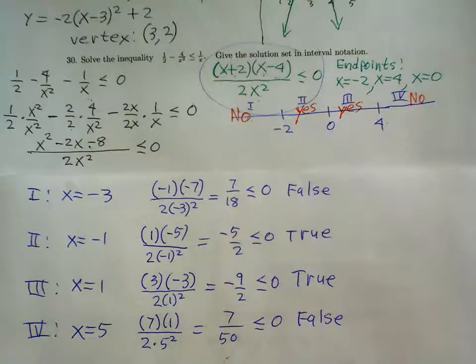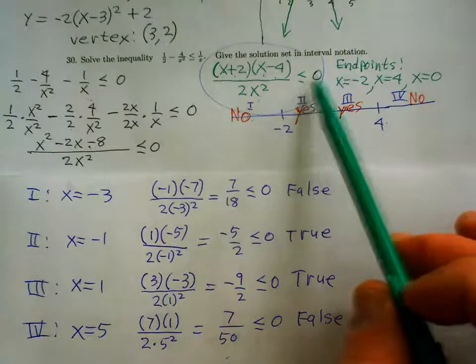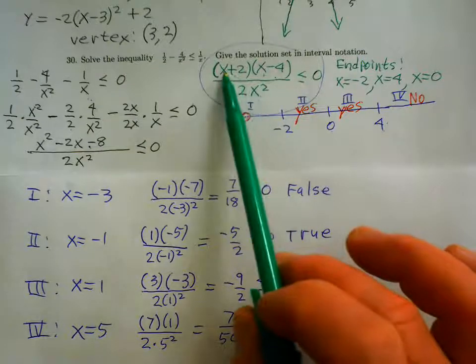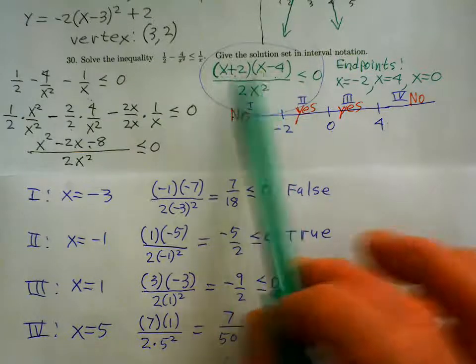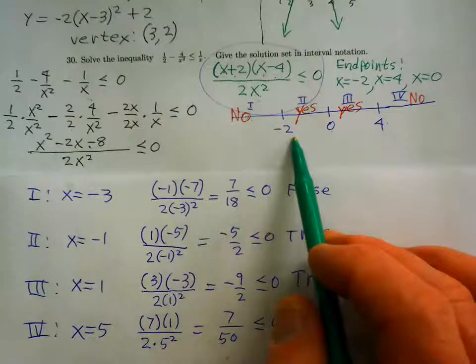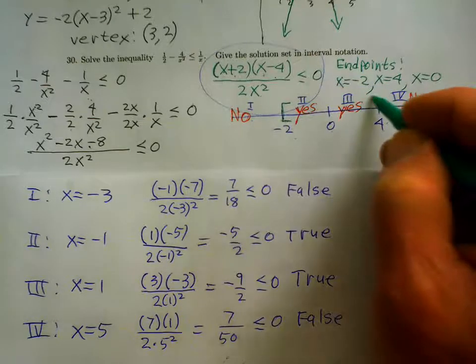Okay, what about the endpoints? Well, the inequality is less than or equal. So the endpoints that come from the numerator are included. So those endpoints from the numerator are -2 and +4.